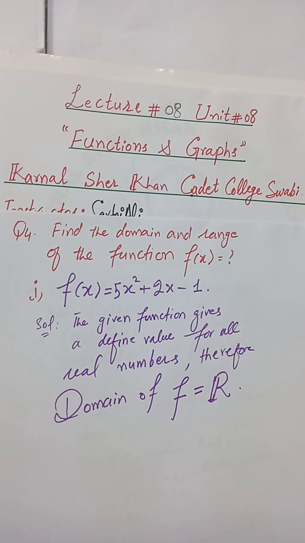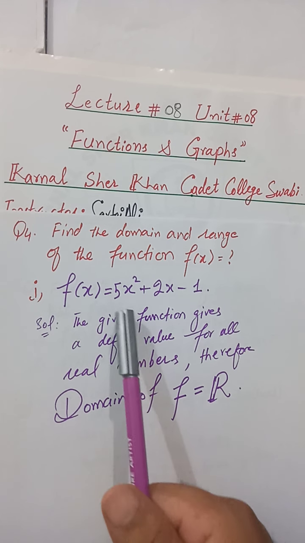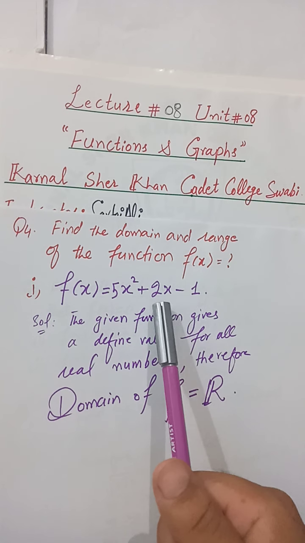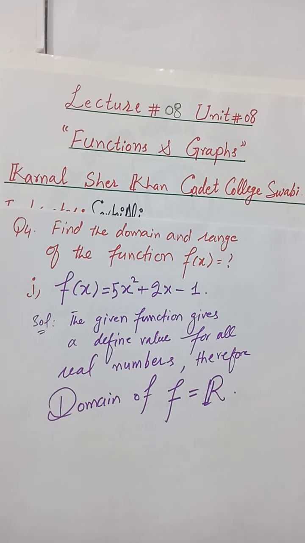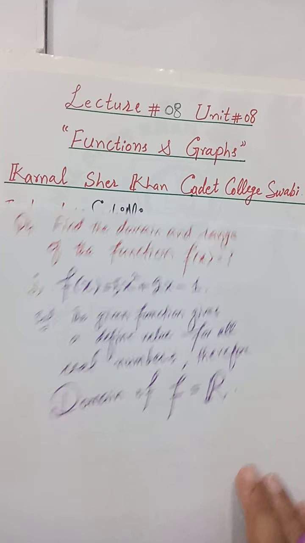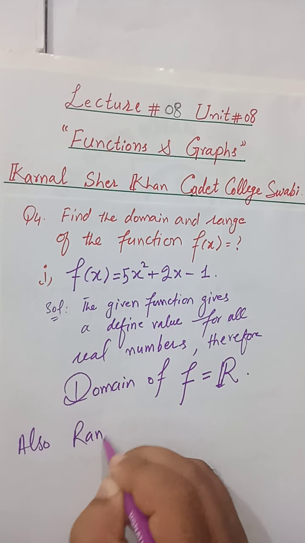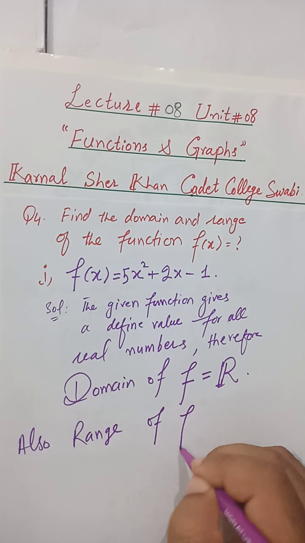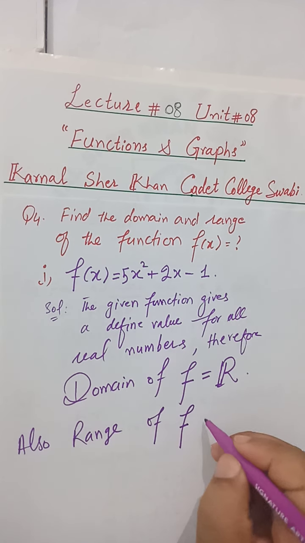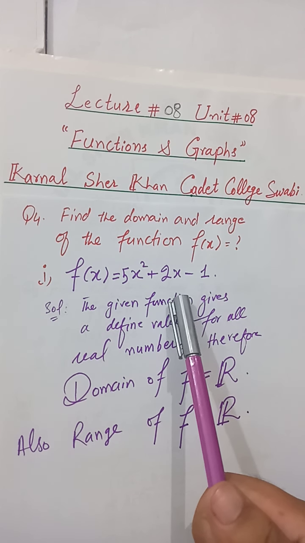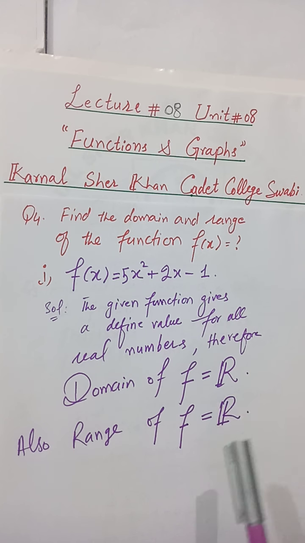And in the range you will also get real numbers, because you are plugging in real numbers and when you calculate, you will also get a real number. So the range of the given quadratic function is the set of real numbers R. So the domain of this function is the set of real numbers R, and the range is also the set of real numbers R.